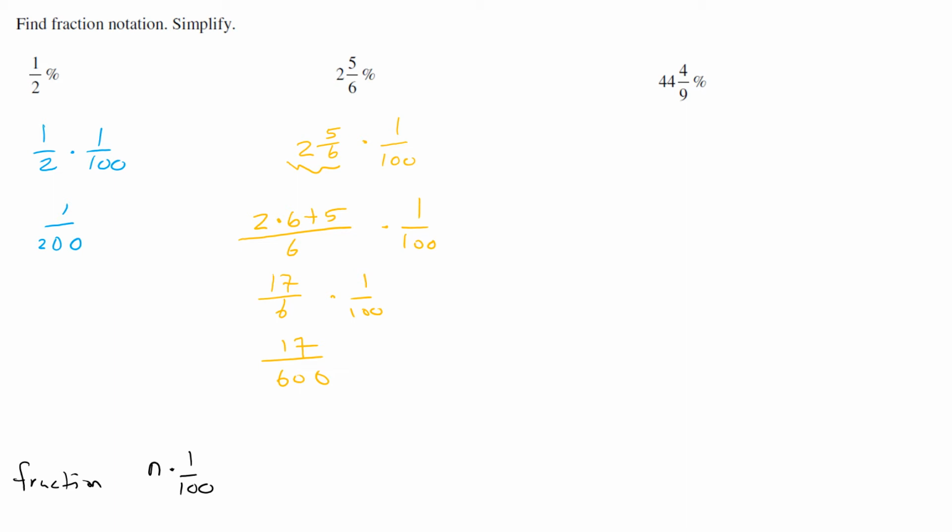Alright, next example here. Again, we've got 44 and 4/9, so we've got a mixed number. We're going to multiply that by 1 over 100. We're going to convert the mixed number to an improper fraction. So take the whole number, multiply by the denominator, add the numerator, keep the denominator, multiply by 1 over 100.